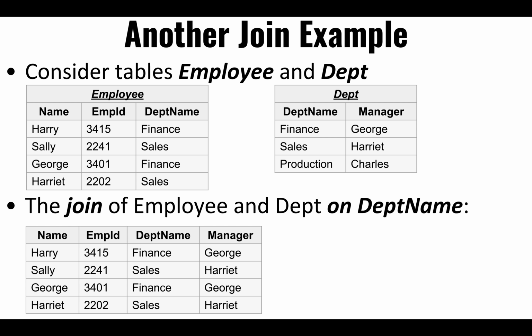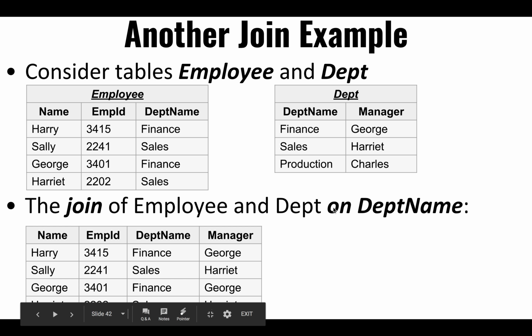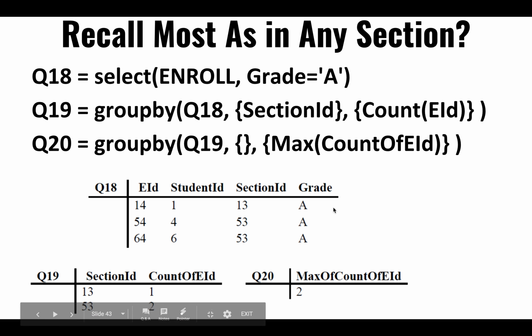Okay. Here's another example. There's a couple examples that you might want to go through. Joining employee and department along the department name. So we have finance, sales. Notice that there's no production. So these are foreign keys, primary key. So they come up like that.